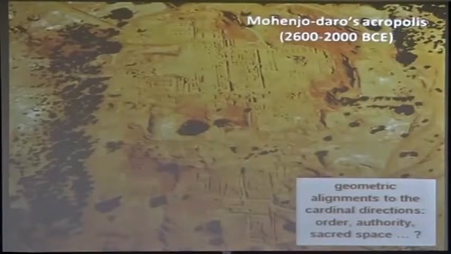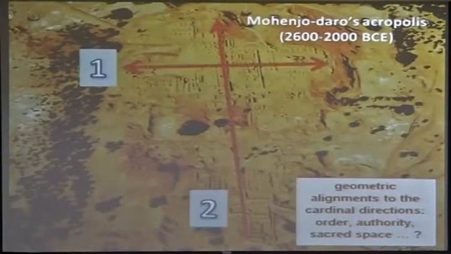Completely unexpected, because it is what archaeologists call a non-utilitarian feature. It serves no practical purpose whatsoever, and this is the feature: precise proportions are imposed on areas of the city. This is the Acropolis, the upper city of Mohenjo-daro, and it's exactly twice as long as it is wide, approximately 400 meters by 200 meters.